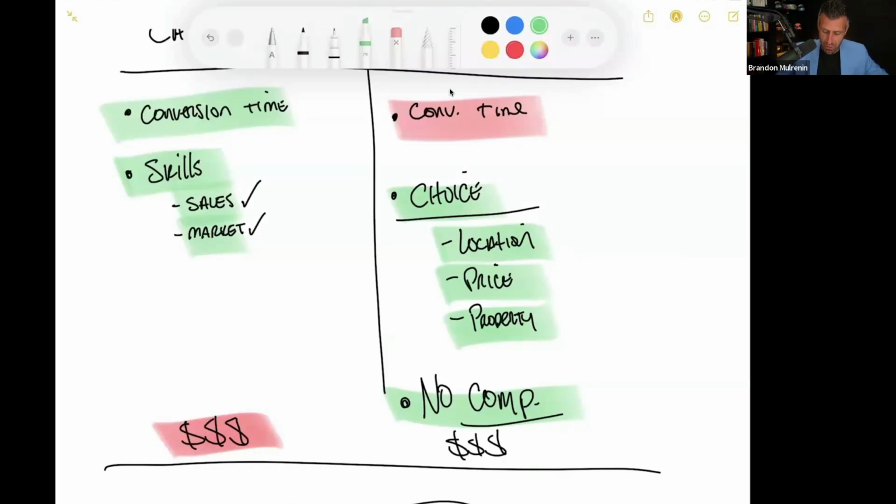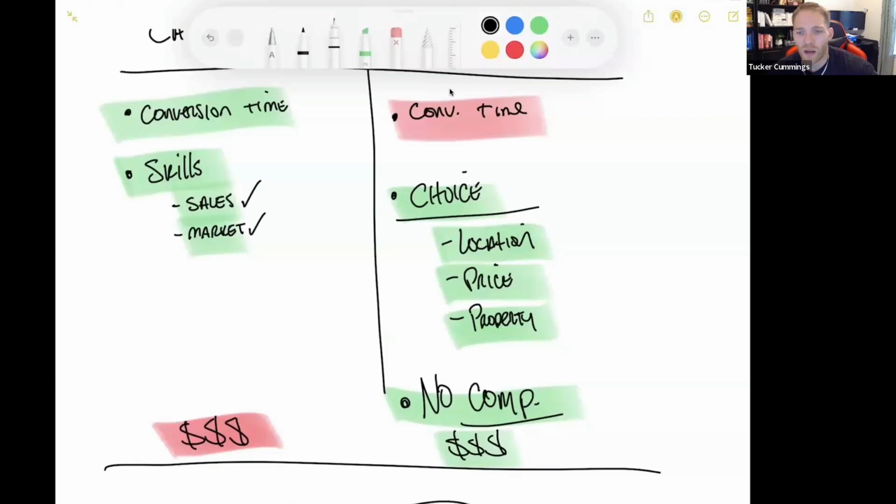I don't care who you are. When there's more competition, your price is going to get lower on average. On average, it doesn't have to. When I'm talking about price, I'm talking about your commission rate. You know what I mean? And so, what else would you add to this part?